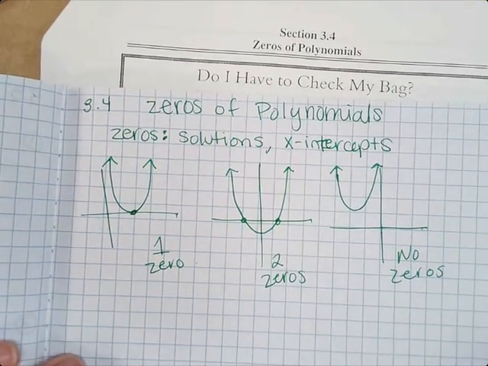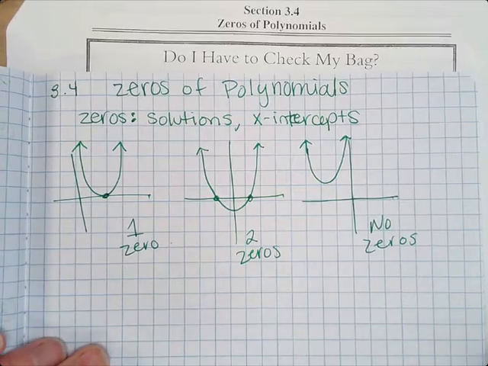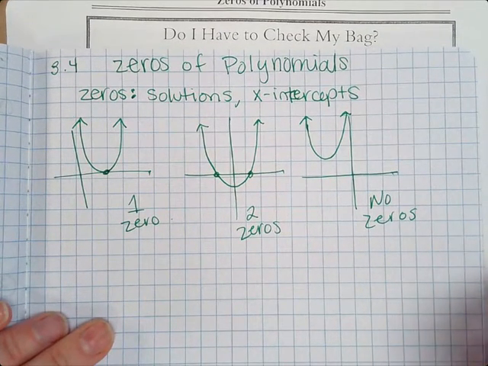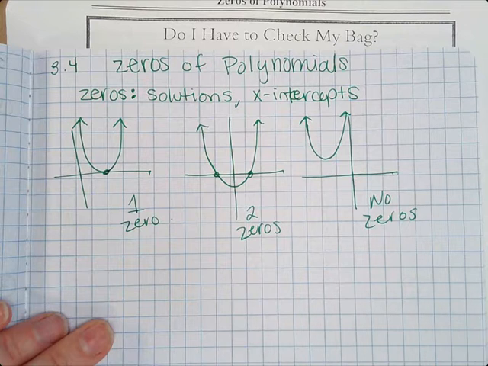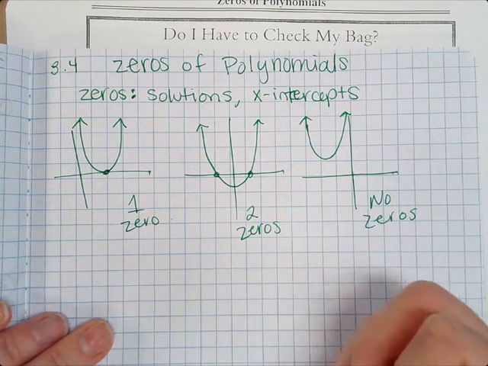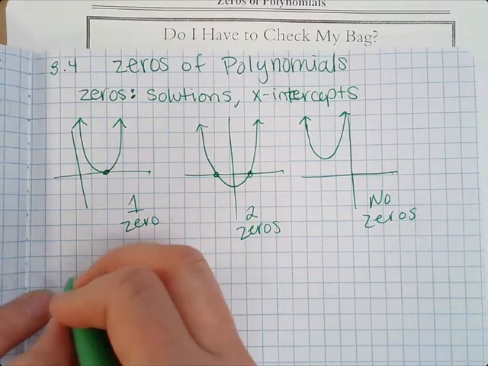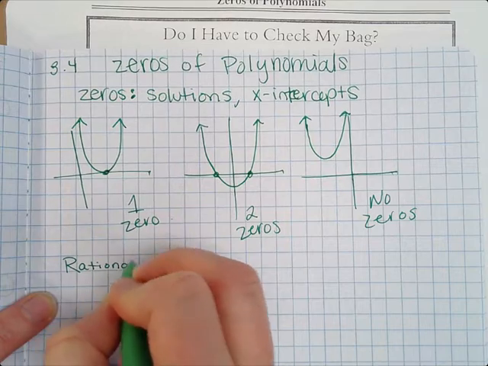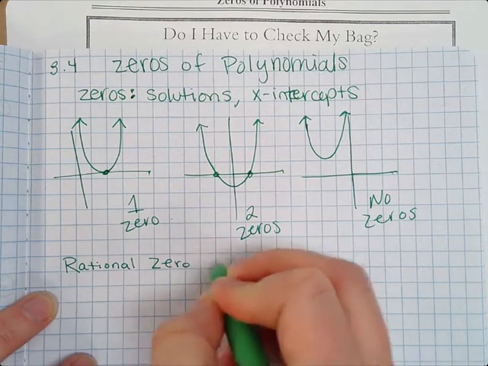So we have a theorem that'll help us find out how many zeros there are. So that'll help with our guessing. So we don't have to guess as much. We will know, okay, we have 3 zeros, and here they are. Okay, so this is called the rational zero theorem.